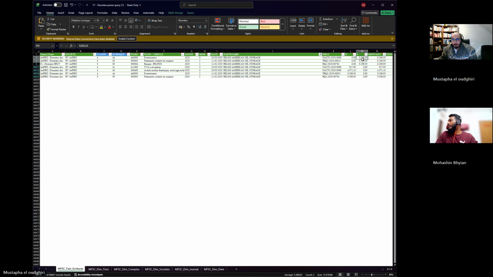Because they are working with the structure of the garage. If he makes 1,000 euros, the master one will invoice 1,000 euros, and then the holding will also invoice 1,000 euros.